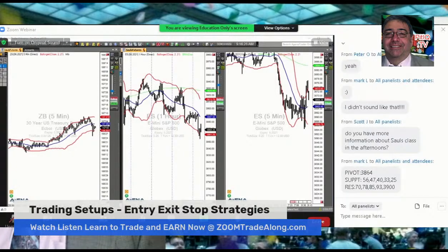The goal of the course is basically to let you find the levels on your own, understand why you put them in, understand how to put them in. I work with everybody individually so that I can understand the risk tolerance. Everybody's got different risk tolerances, and how many contracts they trade and how they manage their trades.